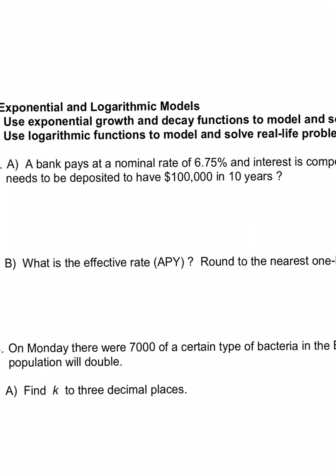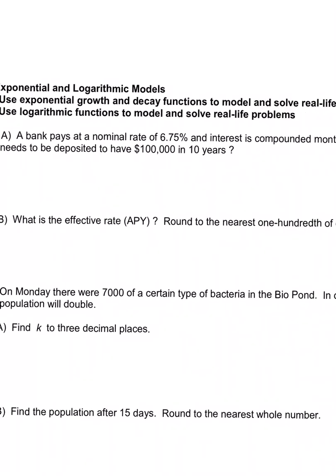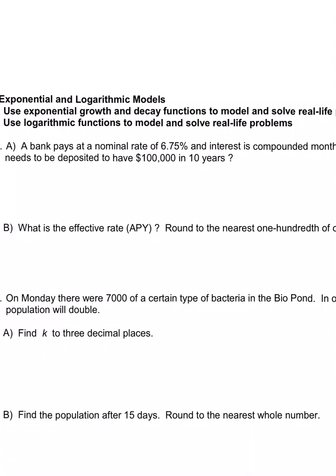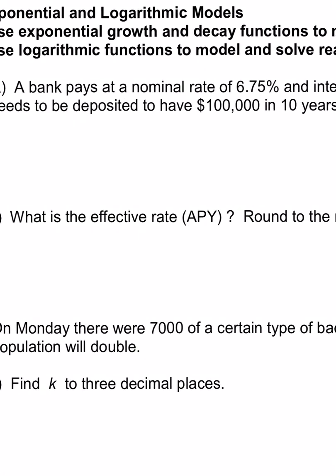Okay, so let's look at a. A bank pays a nominal rate of 6.75%, and the interest is compounded monthly. Therefore, if it's compounded monthly, we're using A = P(1 + r/n)^(nt).